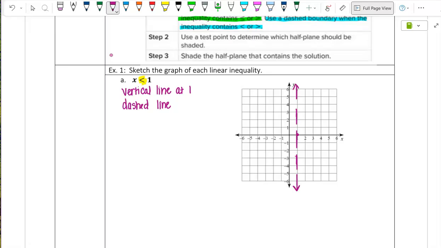And how we do that is we pick a point on each side of the line to test, then shade the true side.